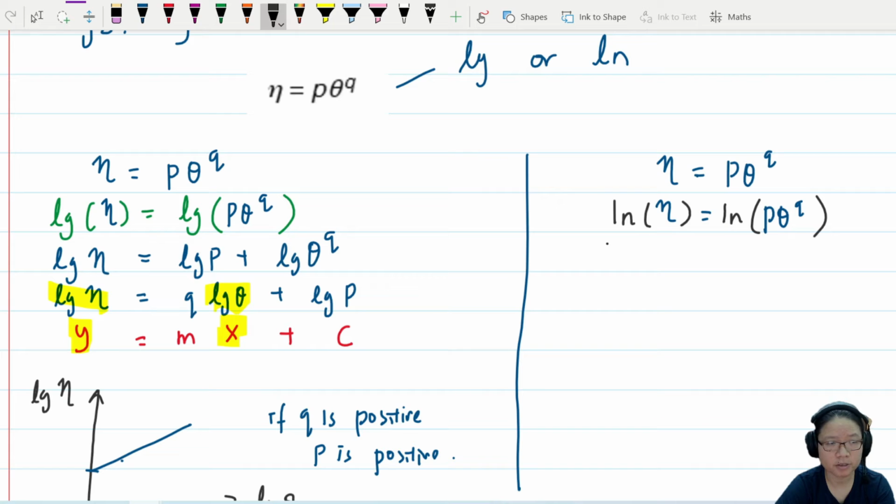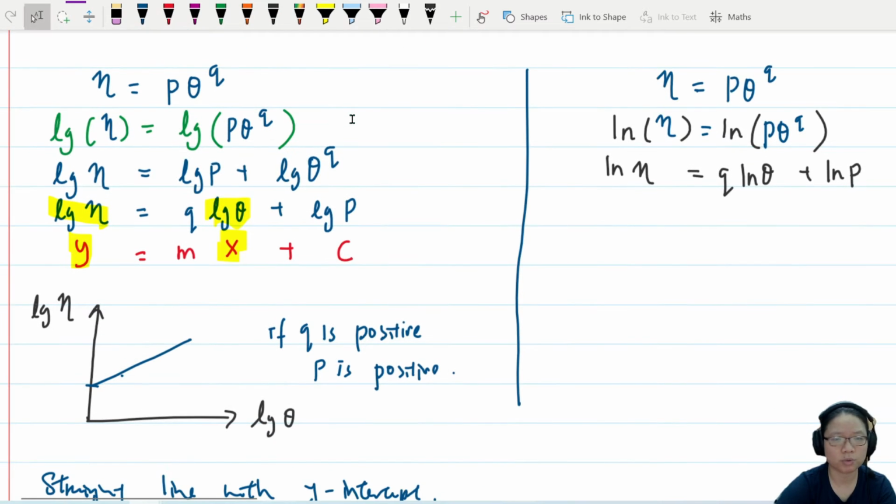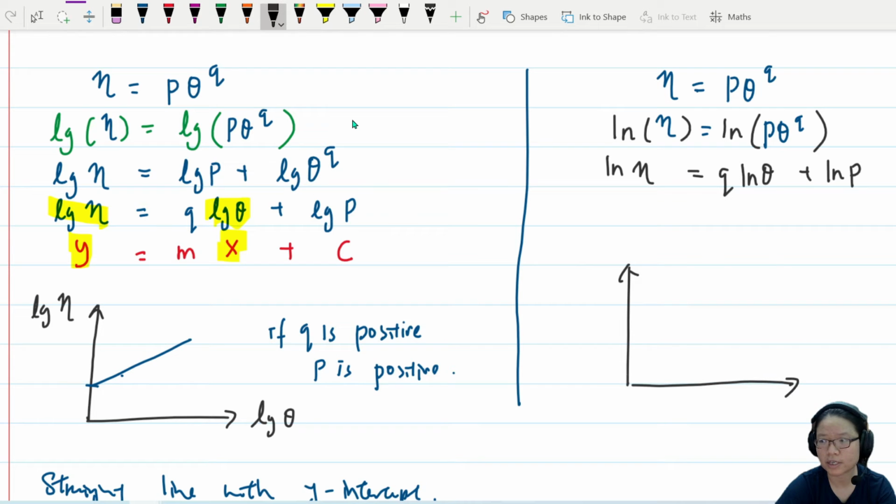This part here, you're going to write ln nu. Everything else is the same. So I can just write this one as q ln theta plus ln p. So we will still get a similar graph. I'm going to just draw this here for you to see. This will be ln nu, and this will be ln theta.